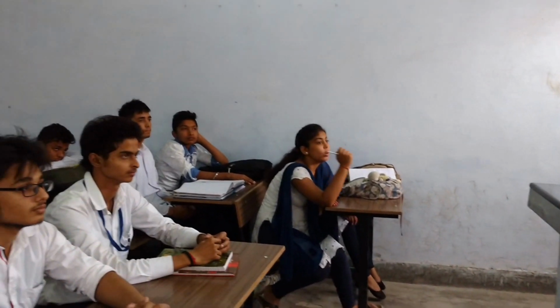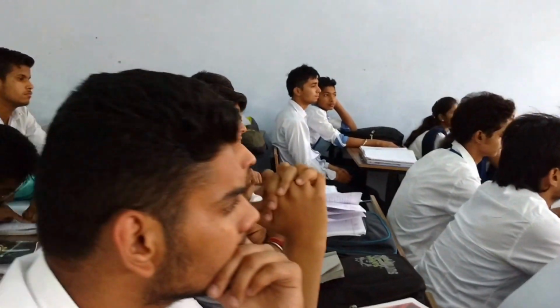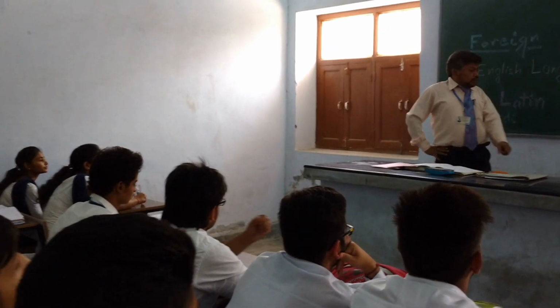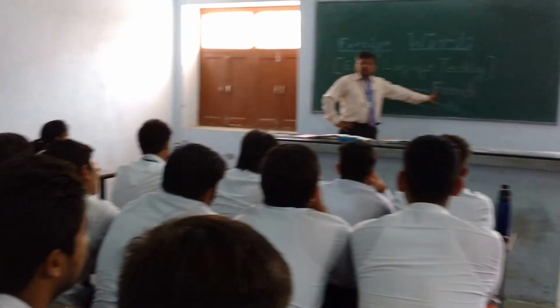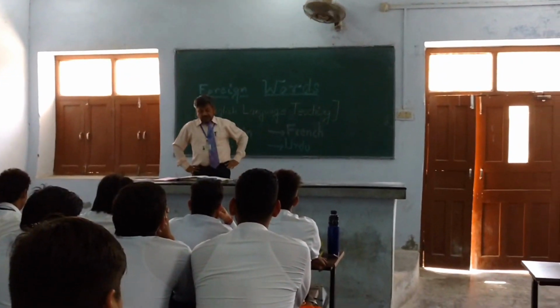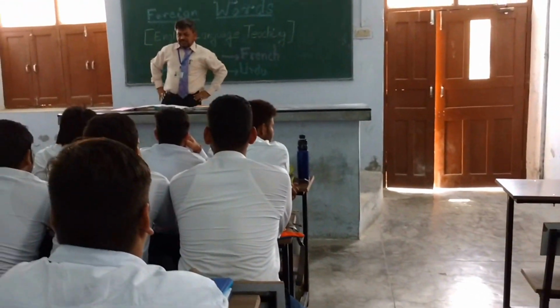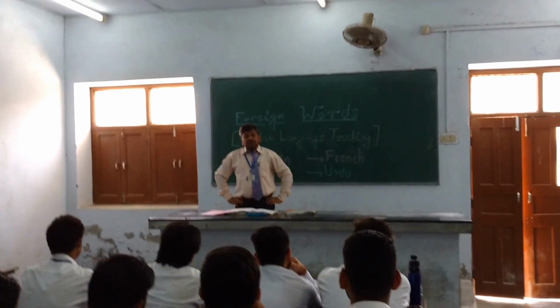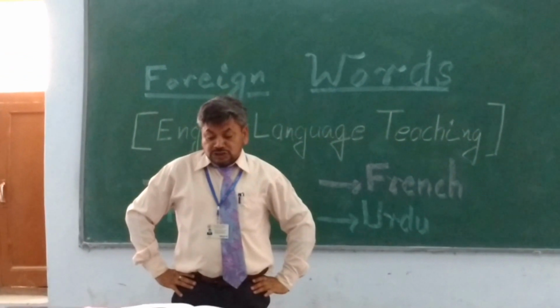It's a Japanese word. We talk about tulip. Tulip is a French word. Then we talk about logo, the logo of any industry. Logo comes from Germany, and the root word is logos.